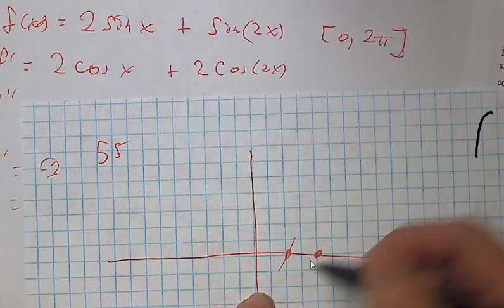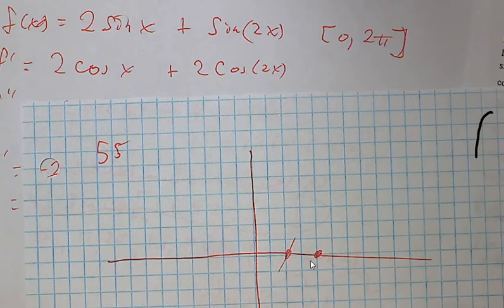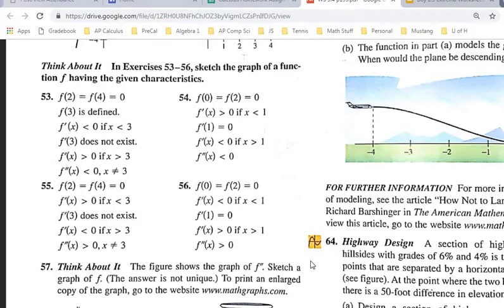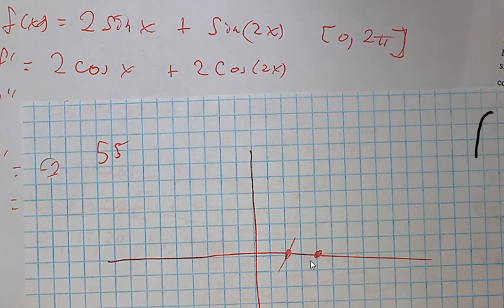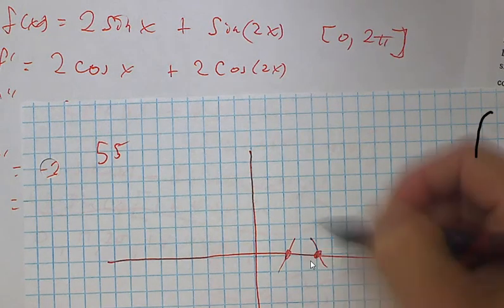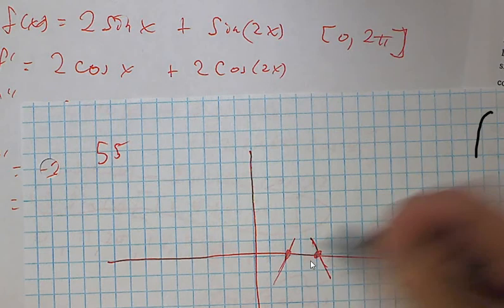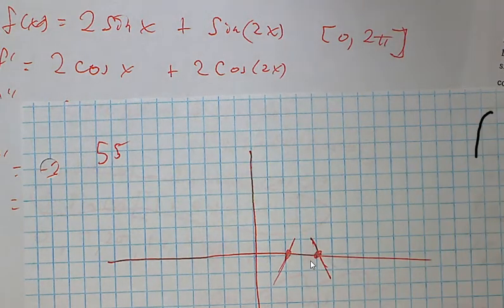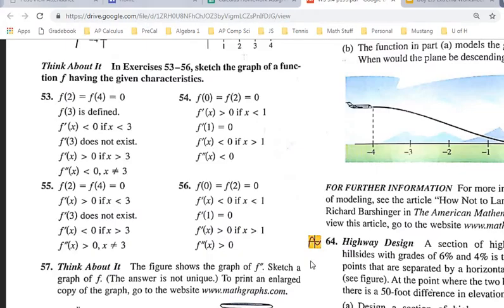So it's positive slope, okay? F prime of 3 does not exist. Come back to that in a second. F prime is less than 0 for x bigger than 3. So there's that one, okay? I know those two things are happening right there. F prime of 3 does not exist, so that could be a hole. It could be an asymptote.